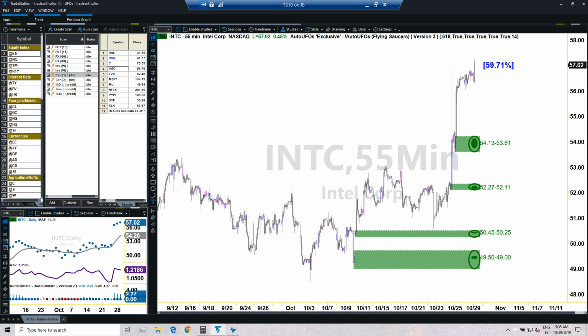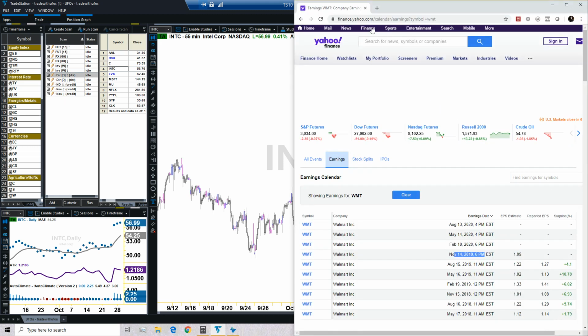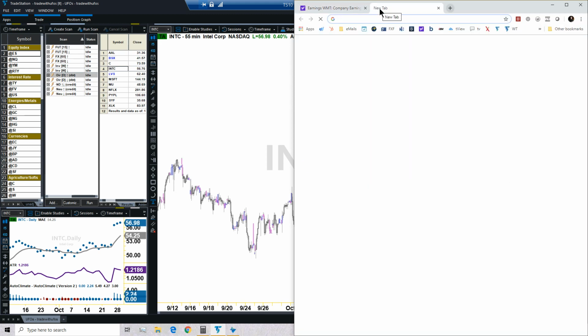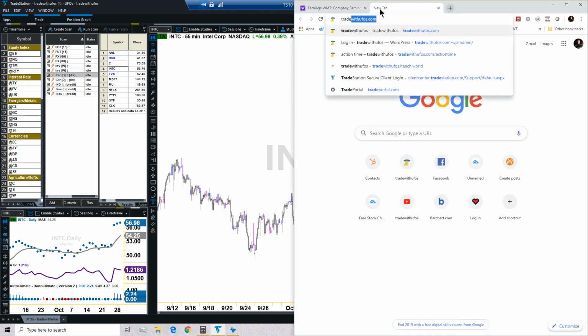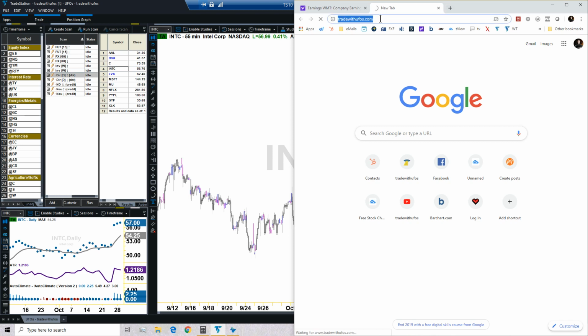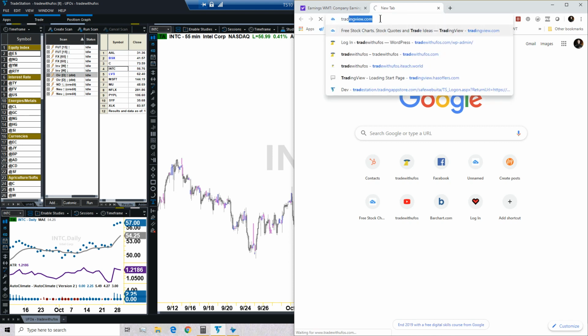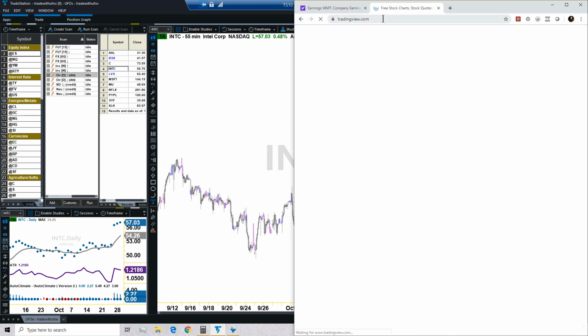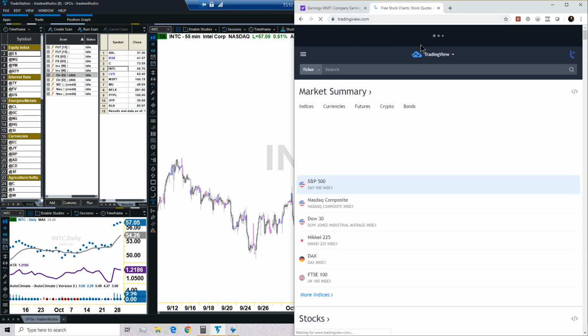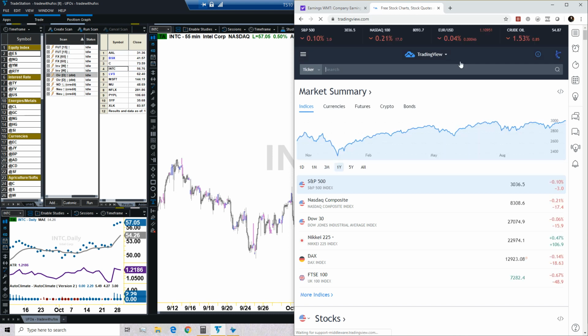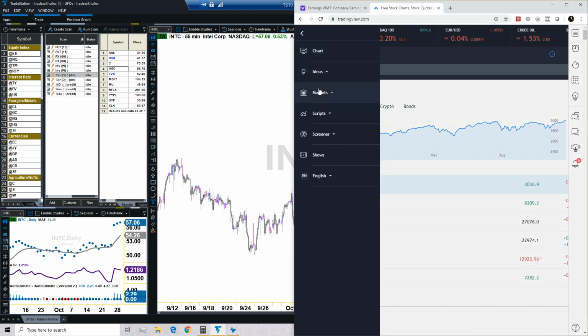By the way, TradingView is amazing for this purpose because the alerts that you set on TradingView are on the server side. So when you set an alert with TradingView, the alert stays on the server side, and therefore, even if your computer is off, you will be alerted.